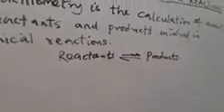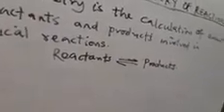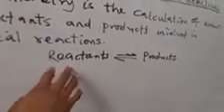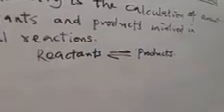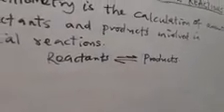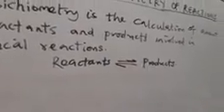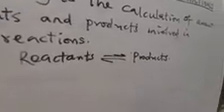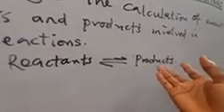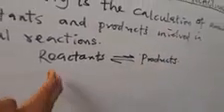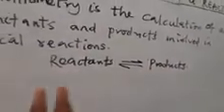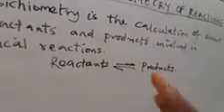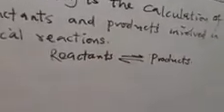So the whole process of calculating the amount of reactants and products involved in a chemical reaction, either you calculate the number of moles, or you calculate the mass, or you calculate the volume of the product formed, or the volume of the reactants involved, all these processes are involved in stoichiometry.